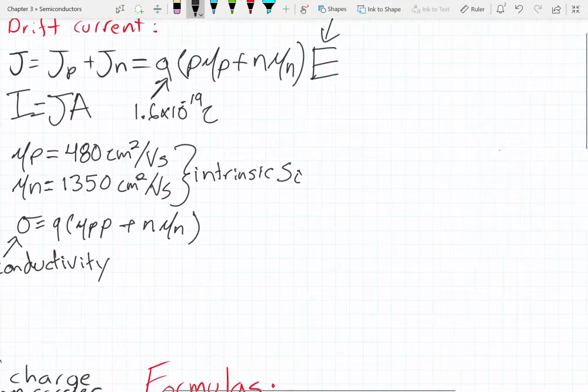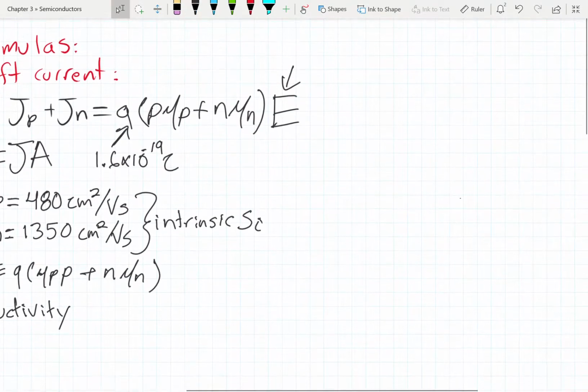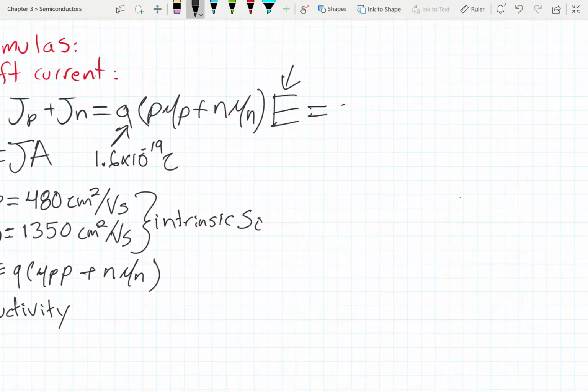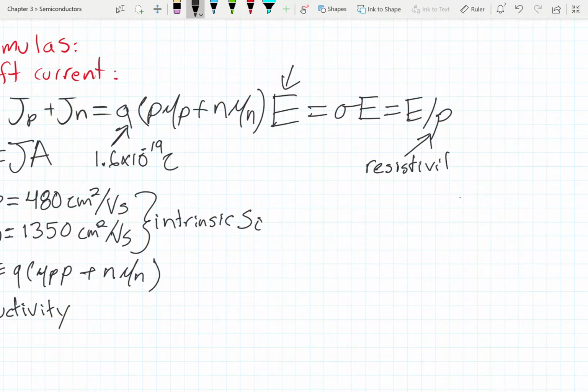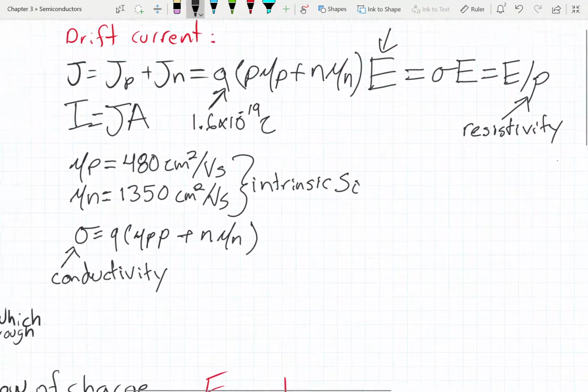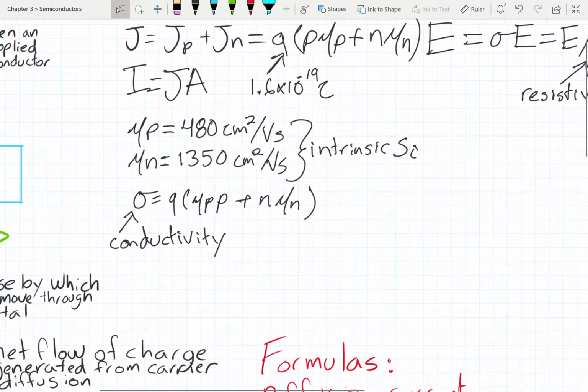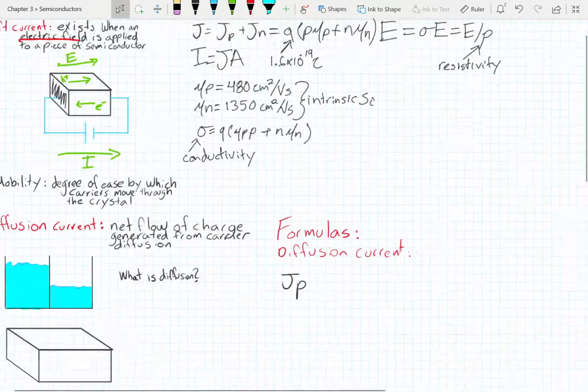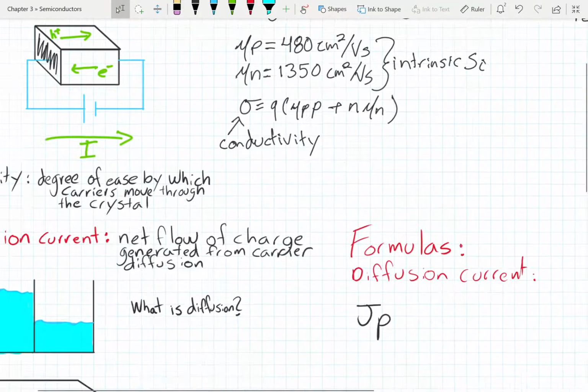Another way to express the current density is sigma times the electric field. Or, as you may know, the inverse of sigma, the inverse of conductivity, is resistivity, which is this rho. So rho is resistivity. Okay, and that's basically what I have for drift current. The most important thing, again, is that it is created by an electric field.